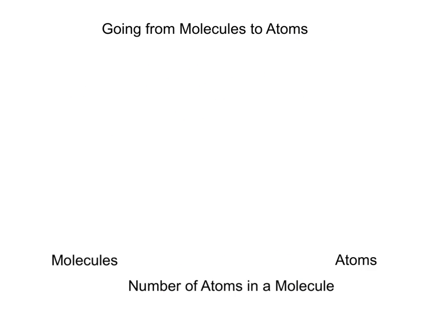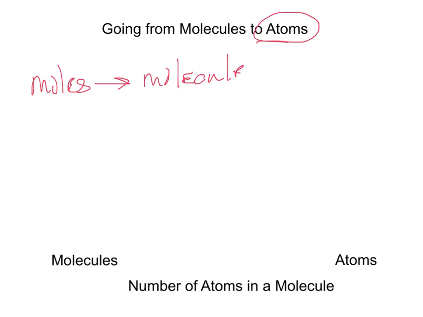Now if I'm going from molecules to atoms, I've already gone from moles to the number of molecules, and I got to the number of molecules by using 6.02 times 10 to the 23rd per mole.